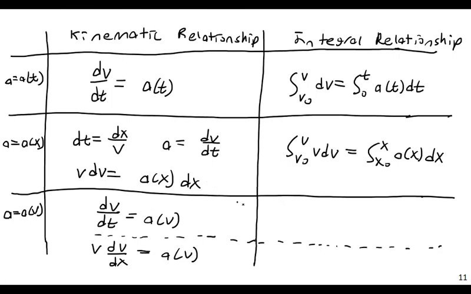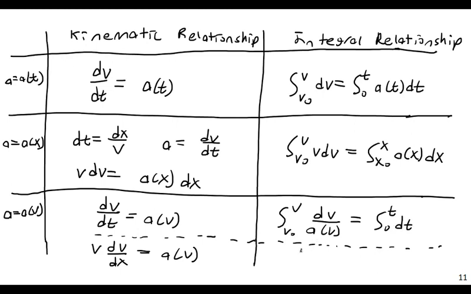And the integral from v naught to v of dv over a of v is equal to the integral from 0 to t of dt.